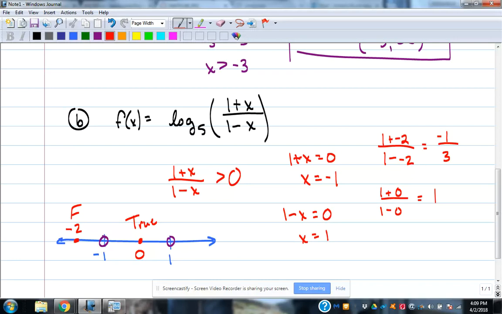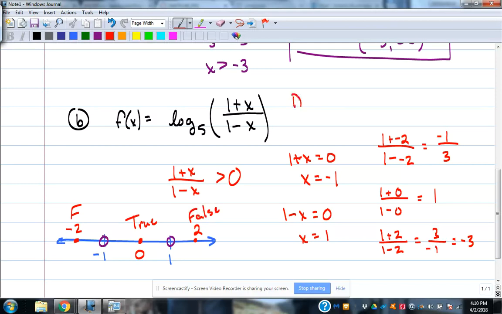So I'm picking a number that's bigger than 1. I'll pick +2. Plug that in: 1 plus 2 over 1 minus 2. That'd be 3 over -1, which is -3. Is -3 greater than 0? No, so it's false.